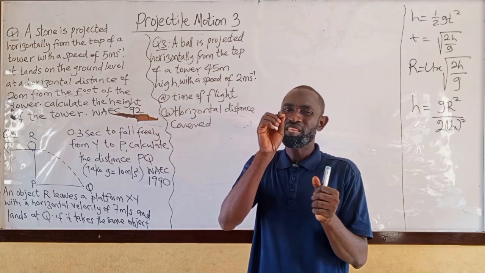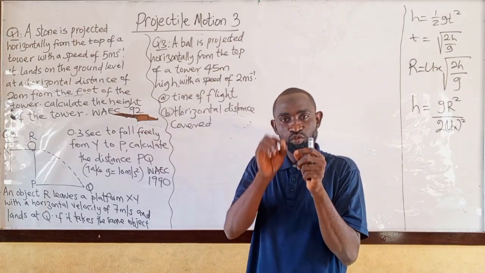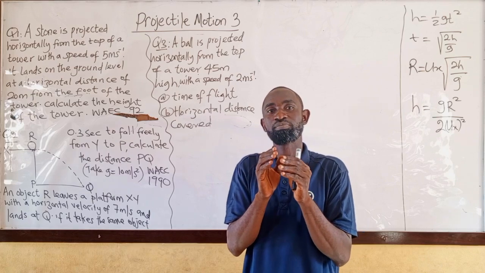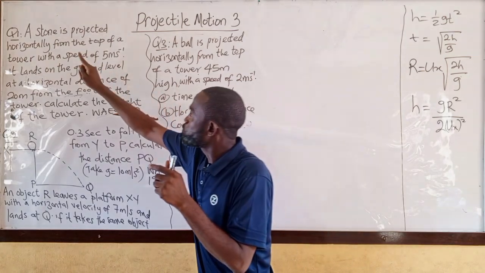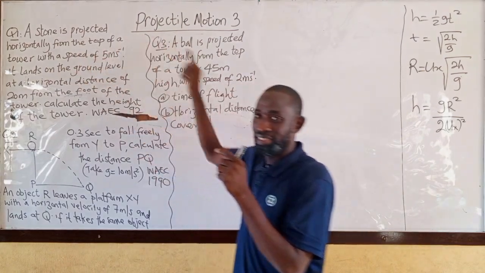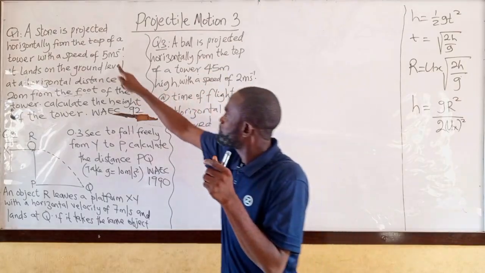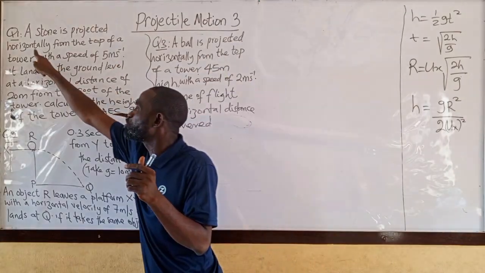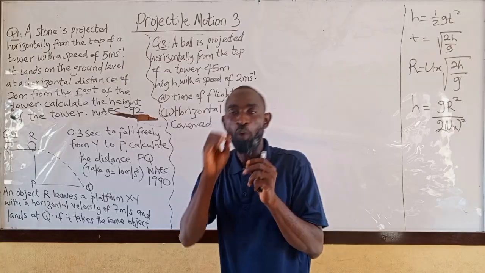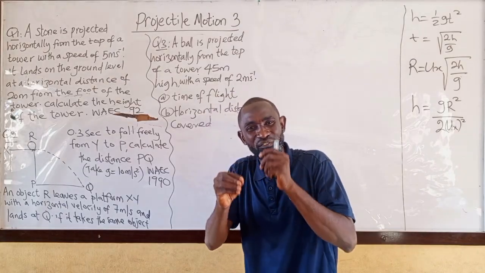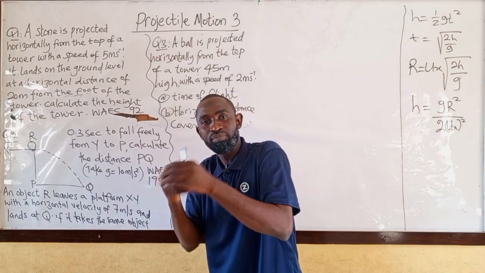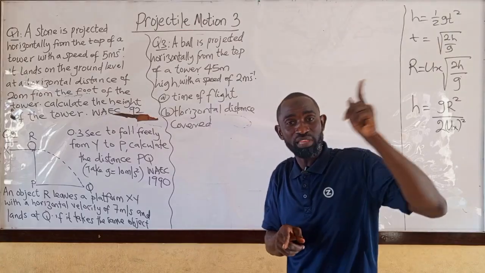So the way we interpret the questions to be solved is very important. When you get a stone is projected horizontally with a speed, this speed given is the horizontal speed. When you see a stone is projected vertically with a speed, that is the vertical speed.